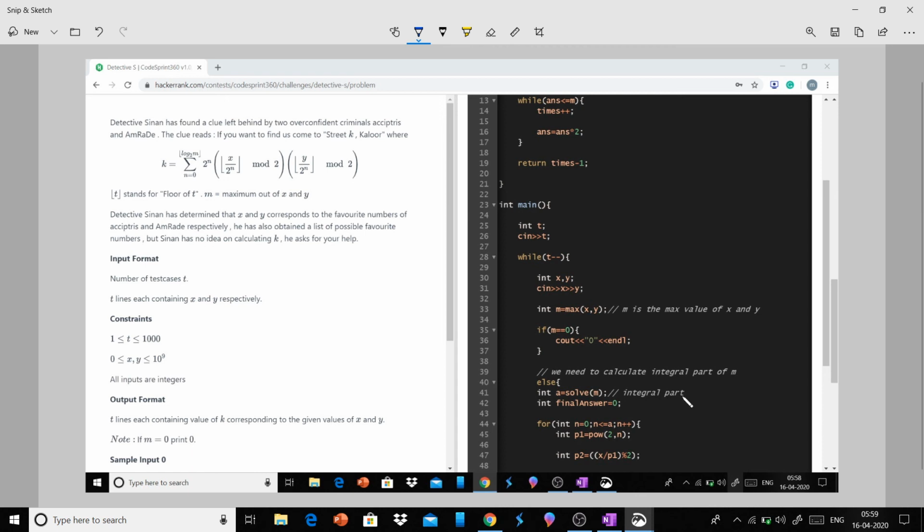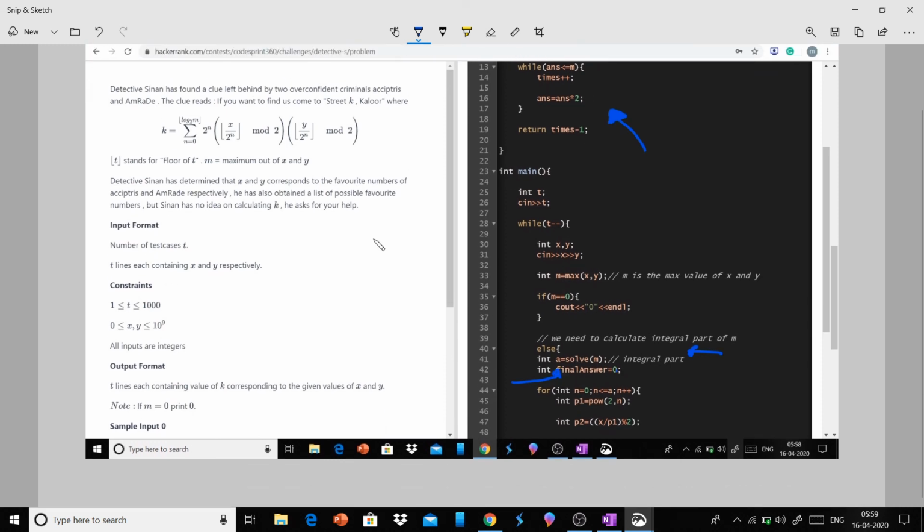So firstly I calculated the integral part, which I discussed how to get in the earlier part of the video, and I initialized the final answer with 0.